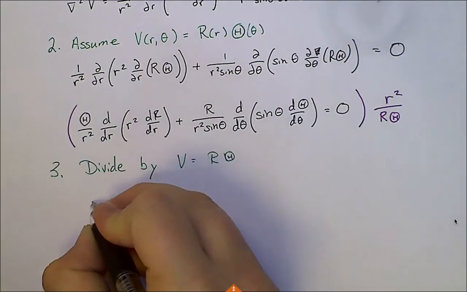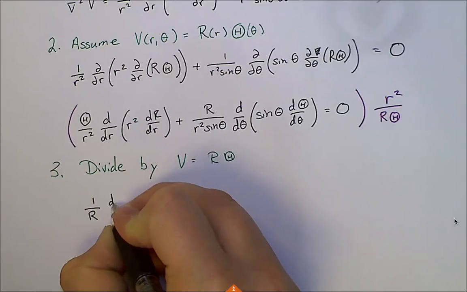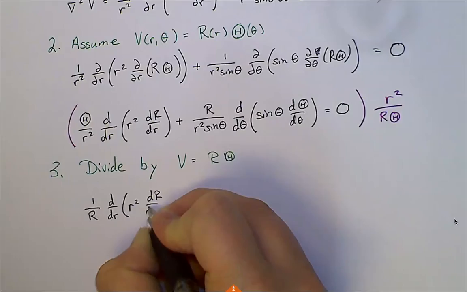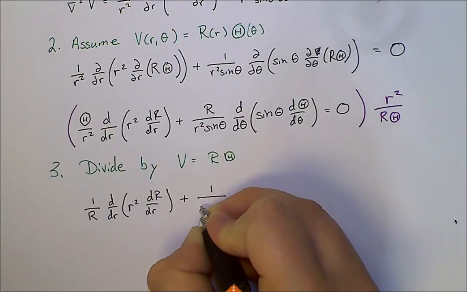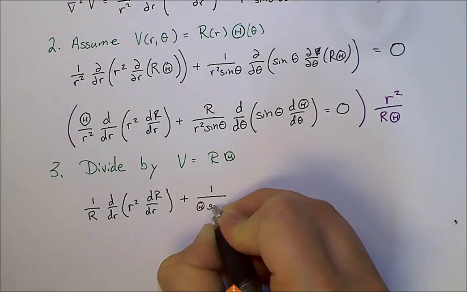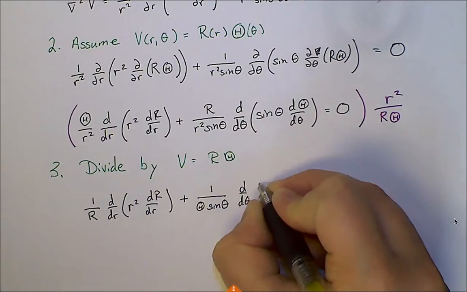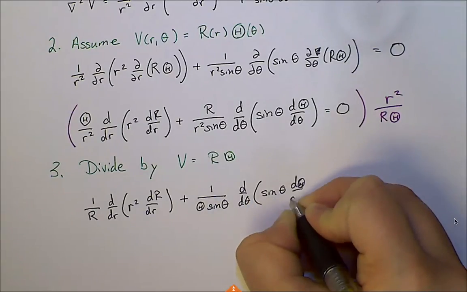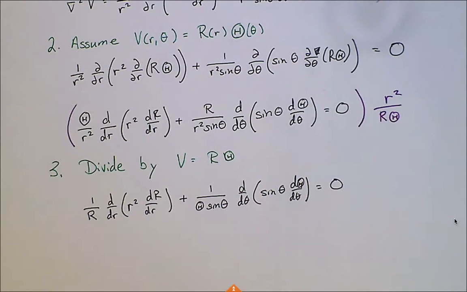All right, so that will give me on my left-hand side 1 over big R d/dr of r squared dR/dr, plus 1 over big Theta, sine theta d/dtheta of sine theta dTheta/dtheta, equals 0.